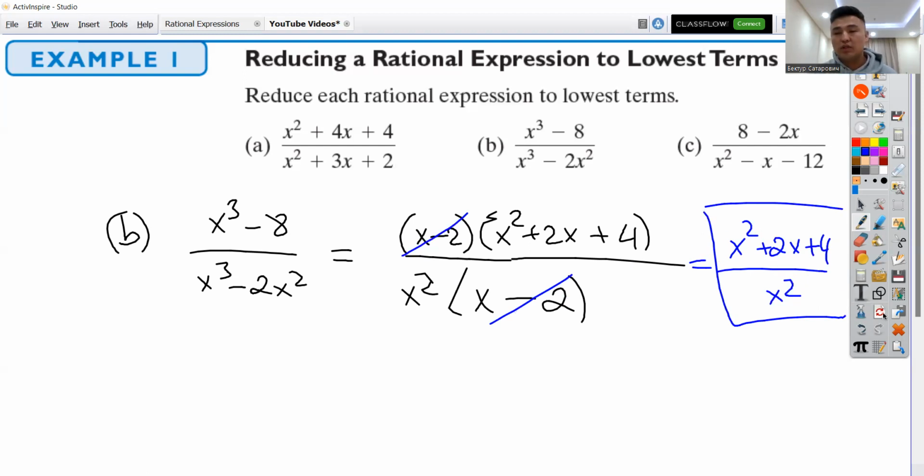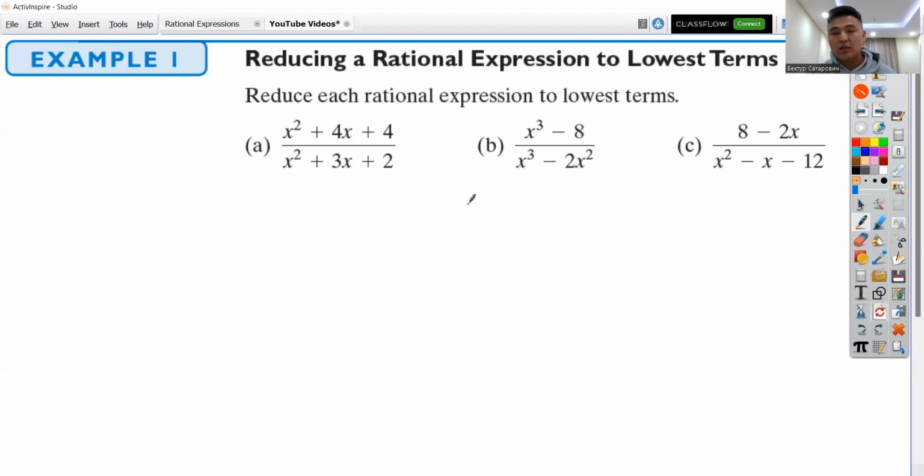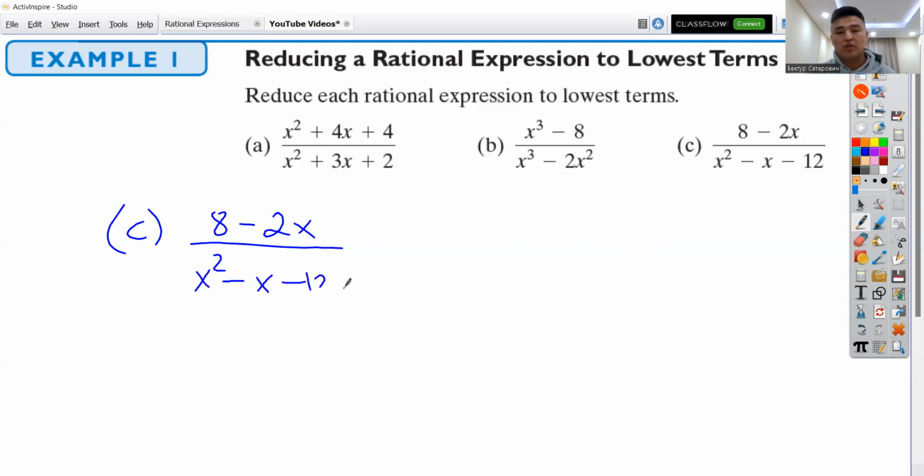Okay, we are moving on to the next question, and our next question is C: 8 minus 2x over x squared minus x minus 12. Okay, what are we going to do? Let's find the greatest common factor here.